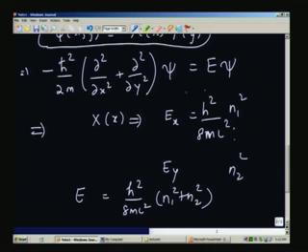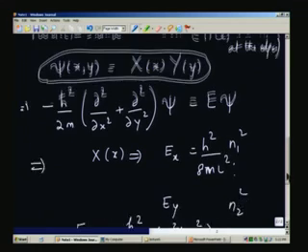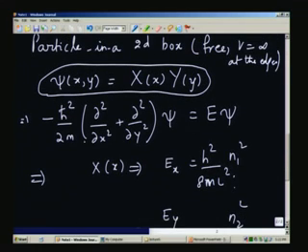The nice thing is that the wave equation could be simplified into two one-dimensional wave equations by the proposition that the wave function psi is a product of two wave functions, each depending only on one coordinate. You recall that this was called the method of separation of variables in that lecture.